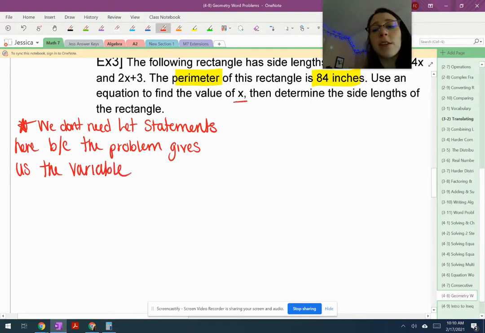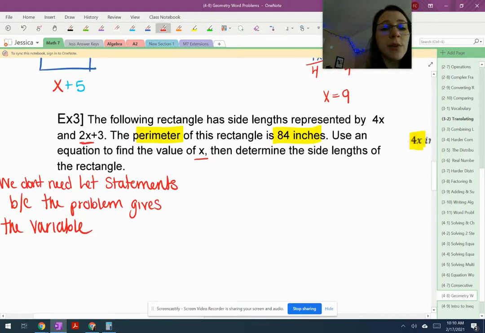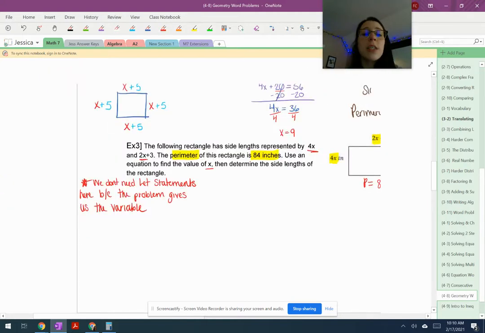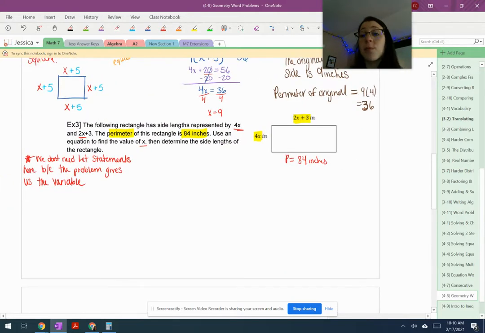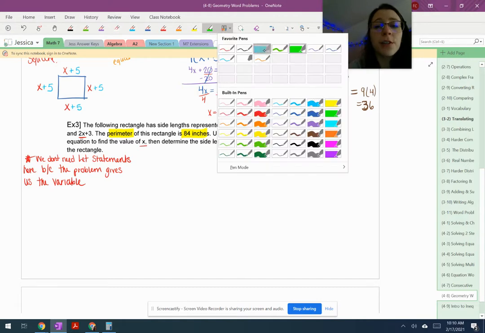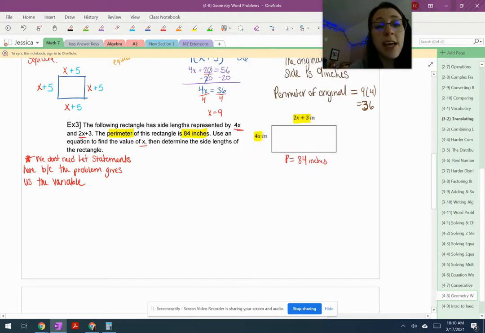Right in their problem, they're giving us that x, they're using it in those expressions, which means that I cannot write a let statement for x because they already have x being something that I'm not sure of. But I can use the fact that they tell us that the perimeter is that 84 inches. And again, remember, perimeter means to add all the sides.